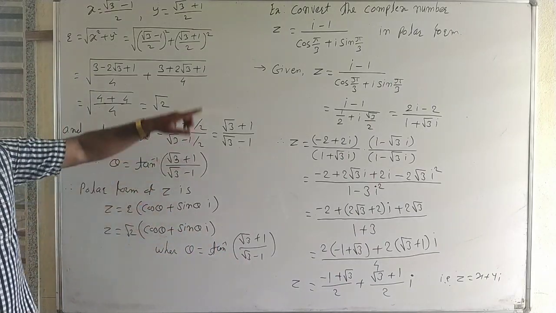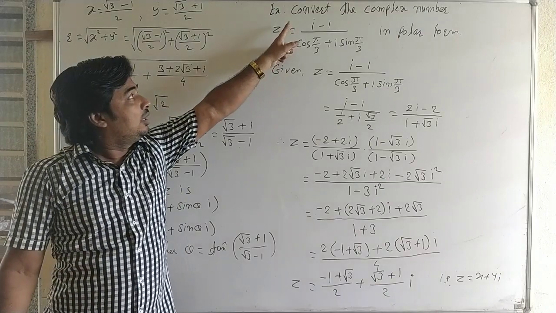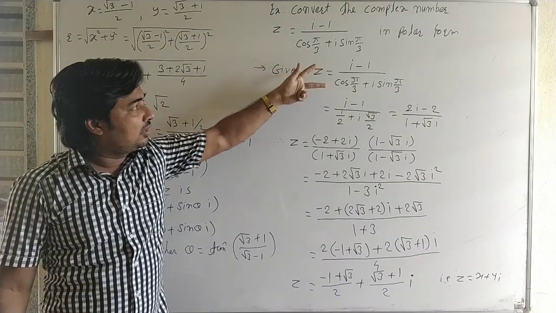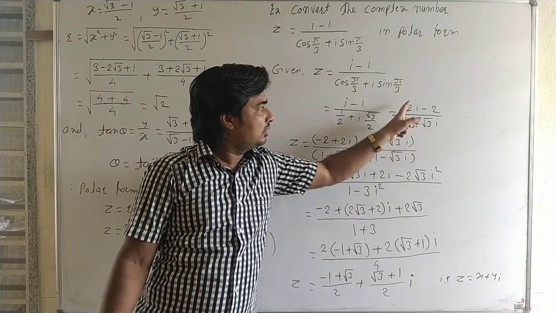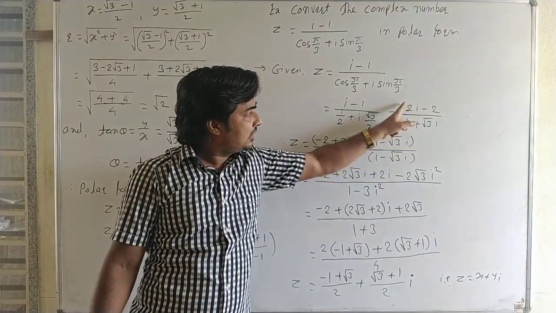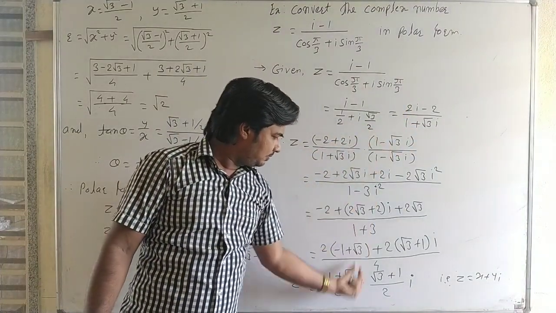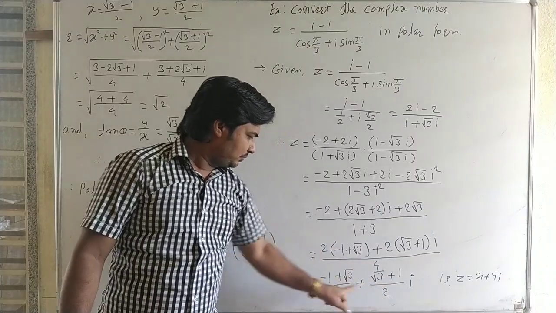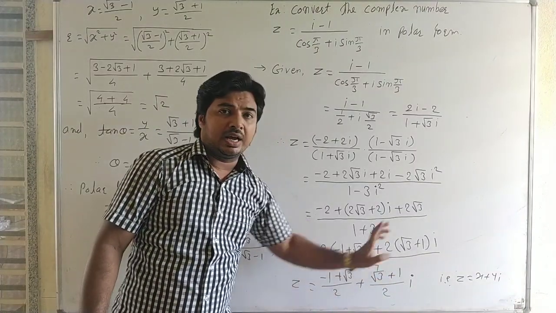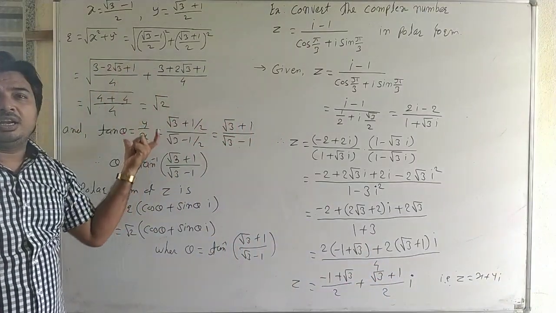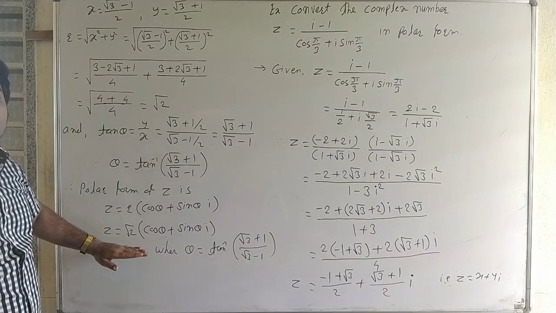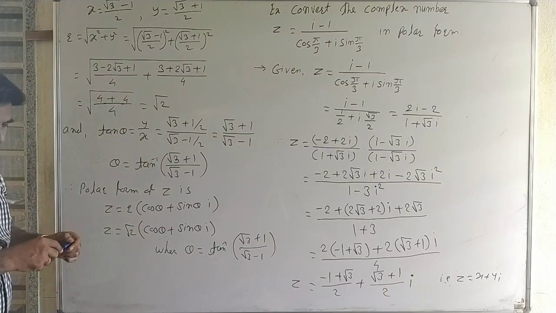It is the polar form of this number. Given a division of two complex numbers, we divide to get x + yi, then find the modulus and argument, and then the polar form. Now we see the next example.